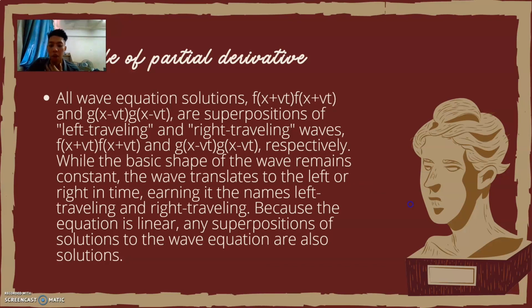While the basic shape of the wave remains constant, the wave translates to the left or right in time, earning its names left traveling and right traveling. Because the equation is linear, any superposition of solutions to the wave equation is also a solution.